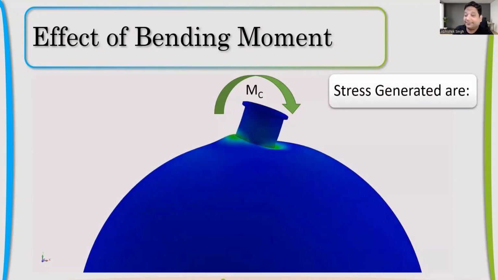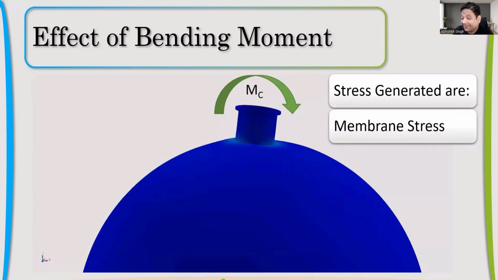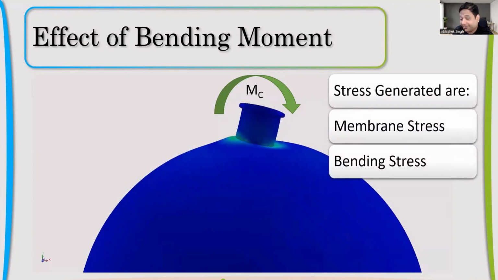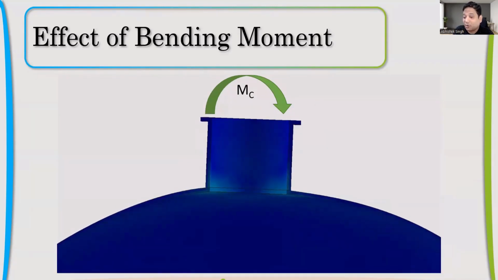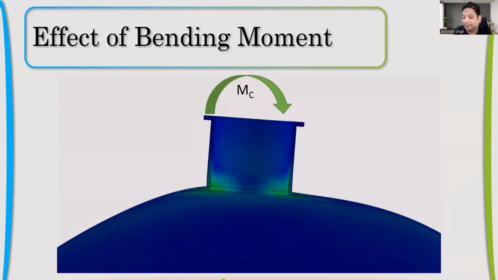Again, stresses generated because of MC, the bending moment, will be first membrane stresses and also bending stresses. Both types of stresses will get generated. If you see this cross section, it will look like this.